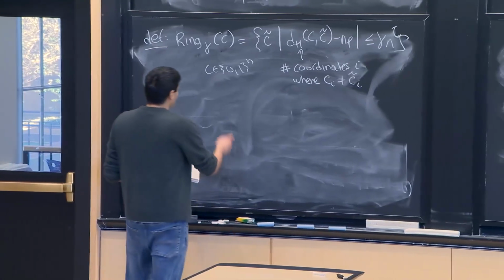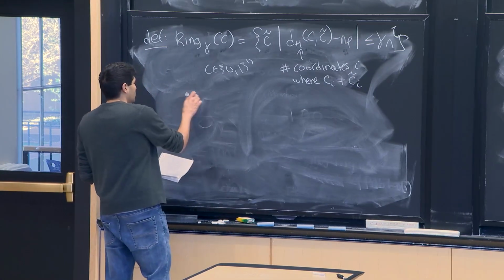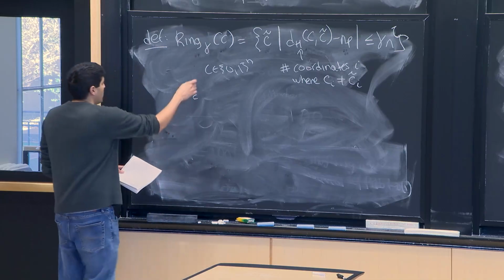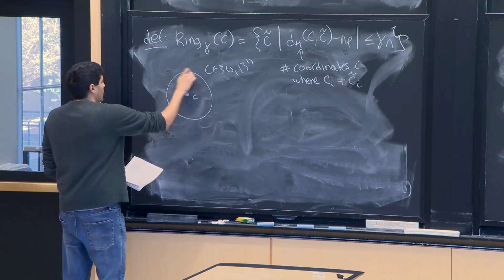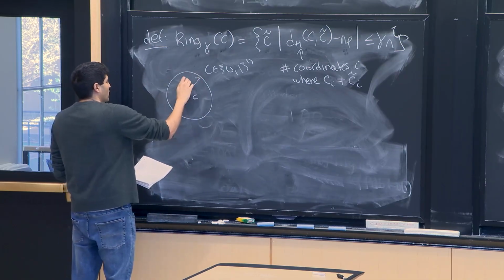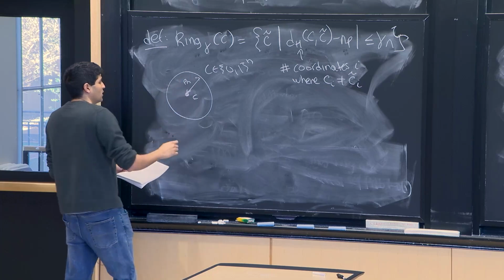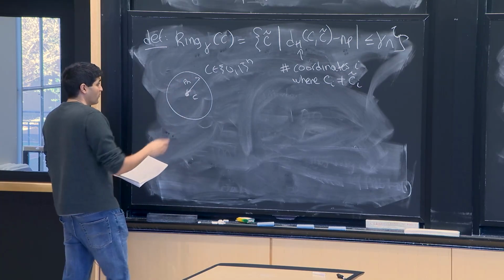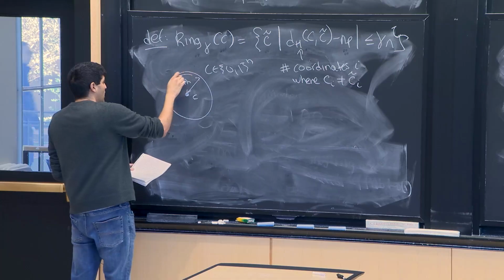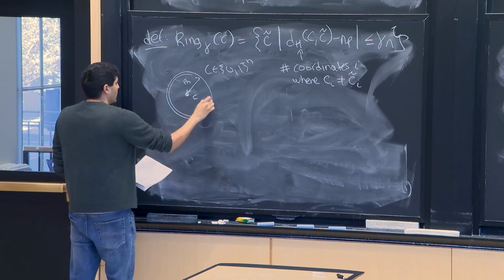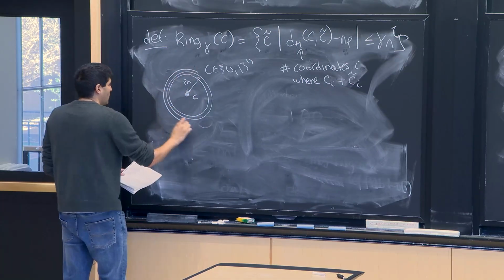The way to think about it pictorially is that I have my vector C here, and then I'm looking at some disk around it of radius pn in terms of how many coordinates are different between C and C tilde. And then I fatten this ring a little bit by some width gamma.